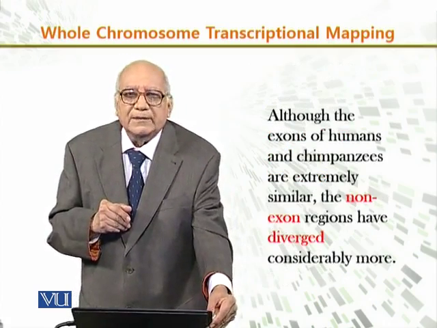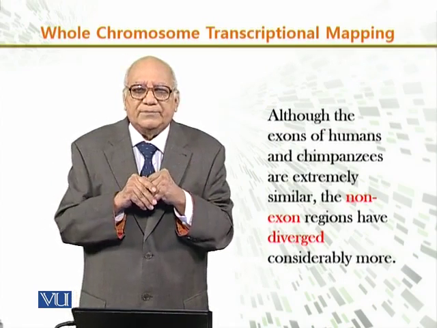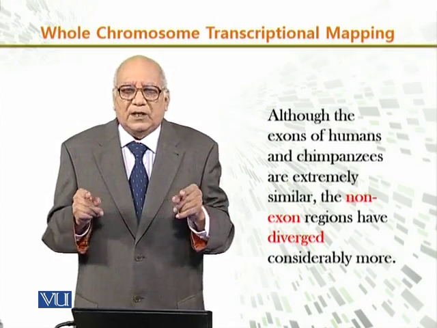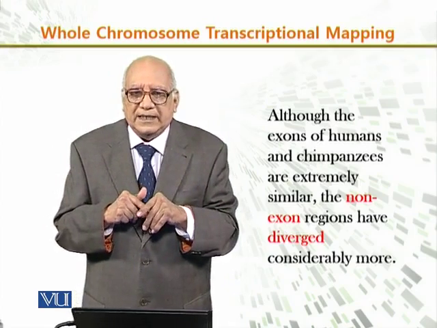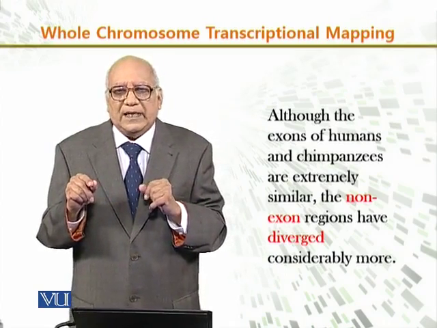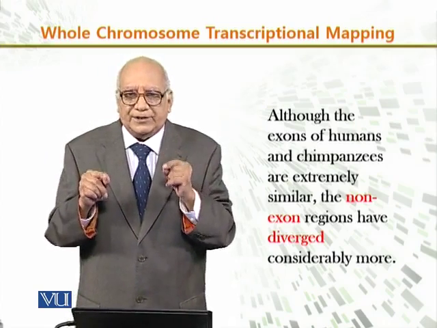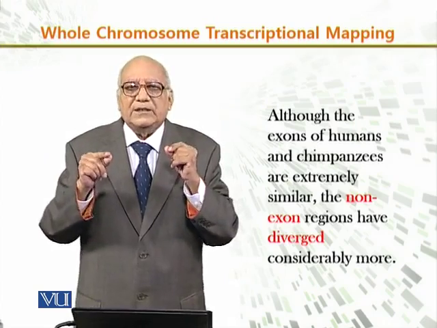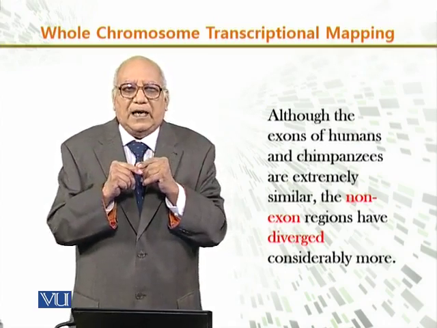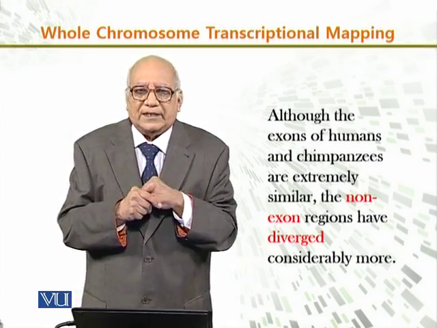Although the exons of human and chimpanzees are extremely similar, the non-exon regions have diverged considerably more. So that is how we can find out how they differentiate between different organisms, and the advantage of chromosome transcriptional mapping is exactly this.